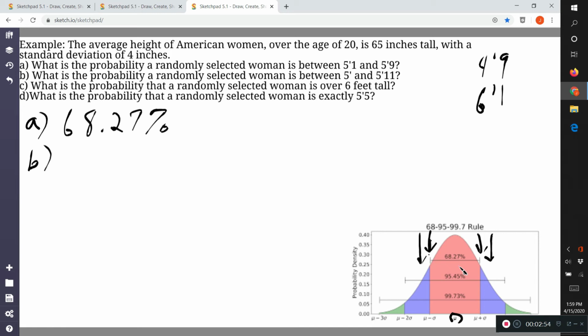So remember, in this situation, mu is 65 and sigma is 4.